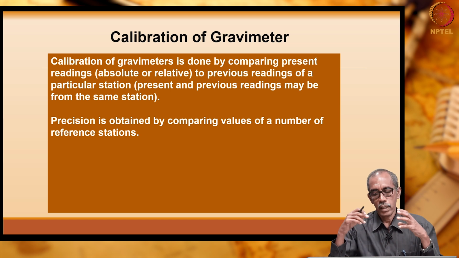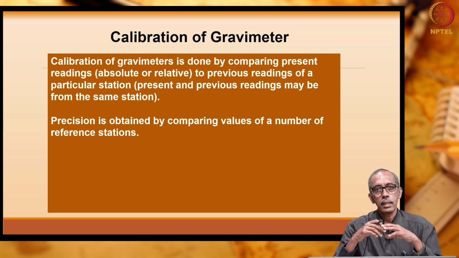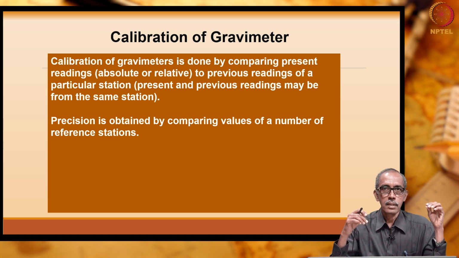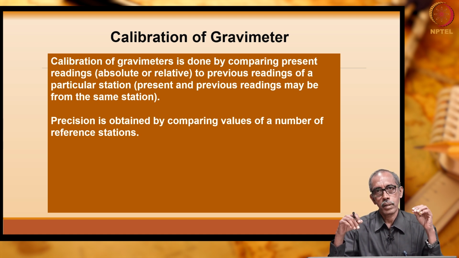So, now we have learned how the gravimeter is used to determine either the absolute gravity value or the relative gravity value. Relative gravity value can be determined by both stable gravimeters as well as unstable gravimeters.